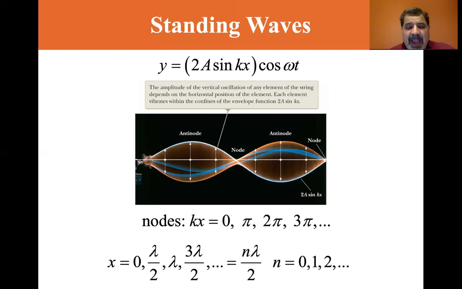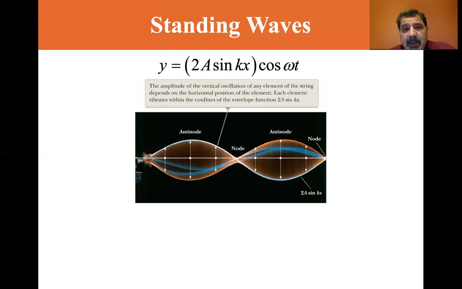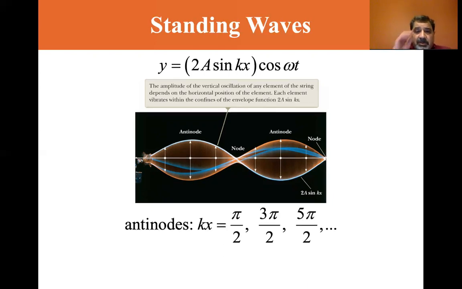So at every half wavelength you get these nodes. And the antinodes, the peaks, are at kx equals pi over 2, 3 pi over 2, 5 pi over 2.